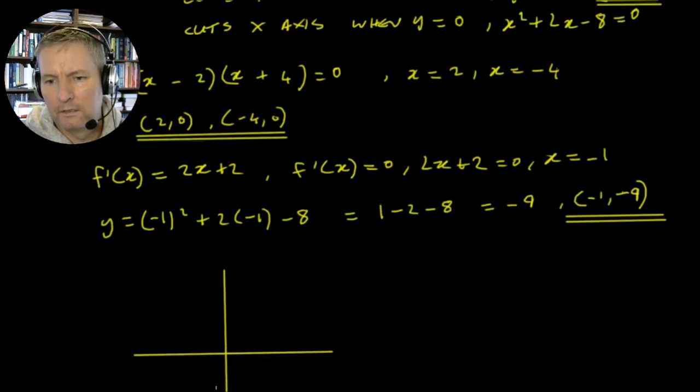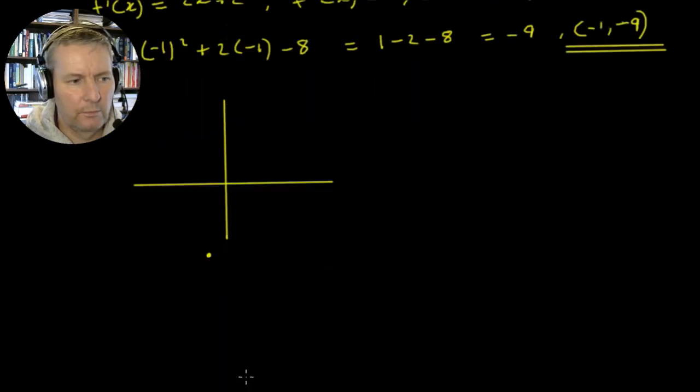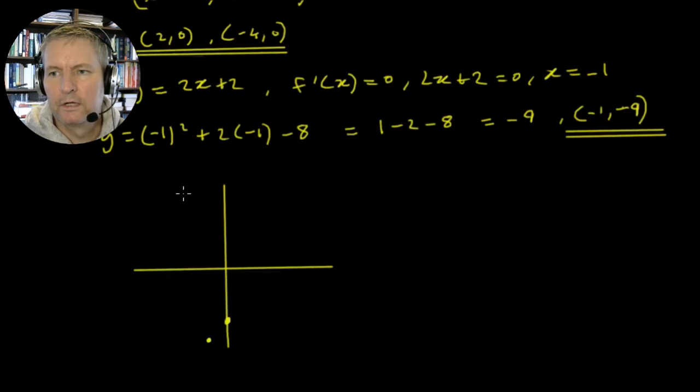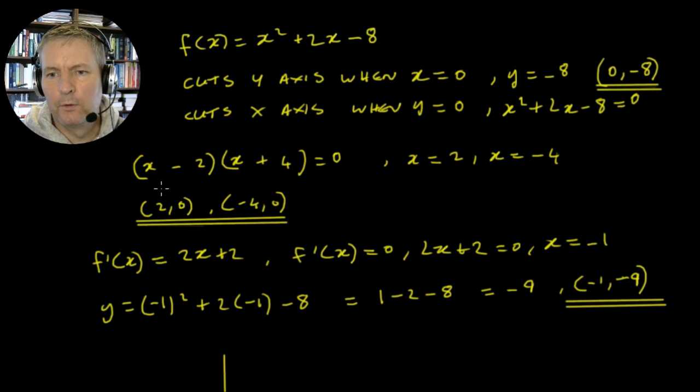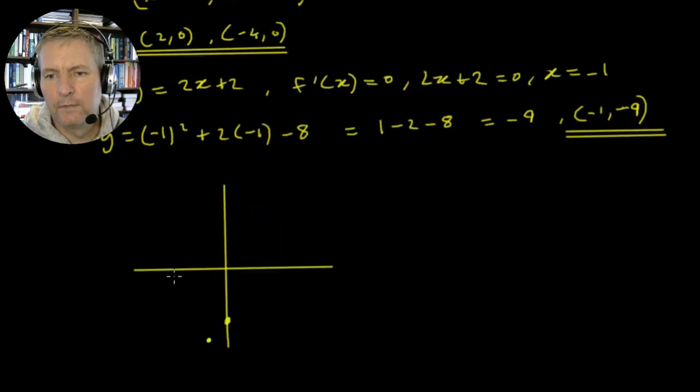So if I continue this down, it's going to be somewhere round about here. And it's also going to cross the x-axis at points (2, 0) and (-4, 0). So you're going to have, say, (2, 0), and you're going to have (-4, 0).